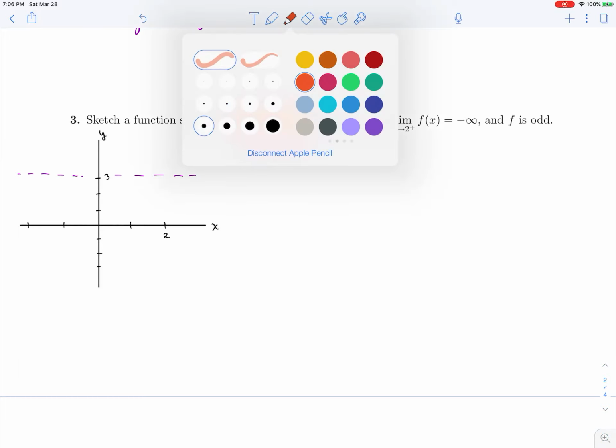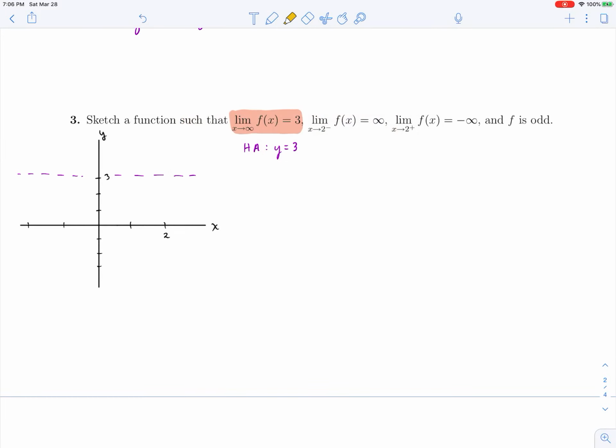The next thing that we're looking at is these next two limits. One is from the left, one is from the right, and one is positive infinity, one is negative infinity. What these two tell us is that we have a vertical asymptote at x equals 2.